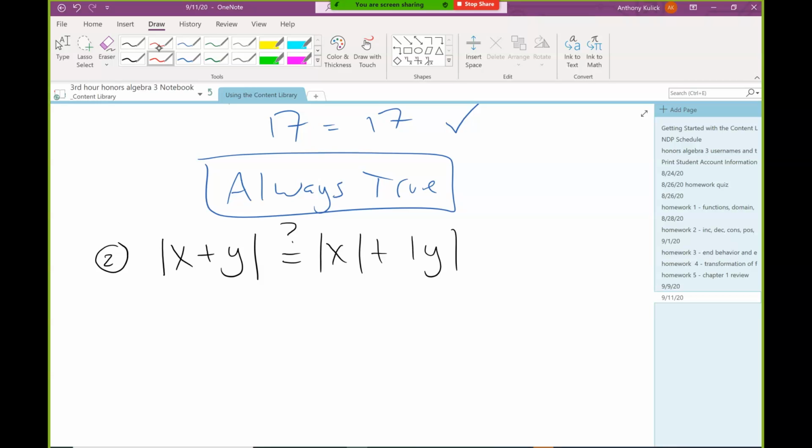You think it's going to work. That would be the natural thing. Let's try picking some values for x and y, though. You don't want to pick values for x and y? Let's do it anyways. What's a value for x? 4. What's a value for y? -2.